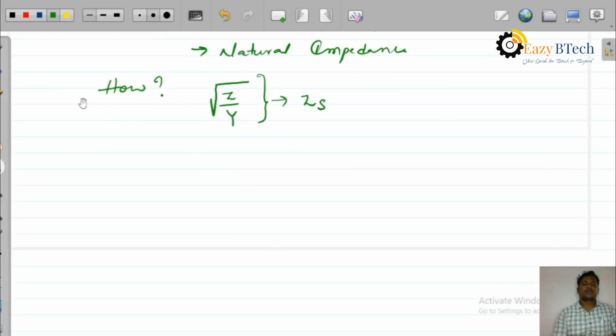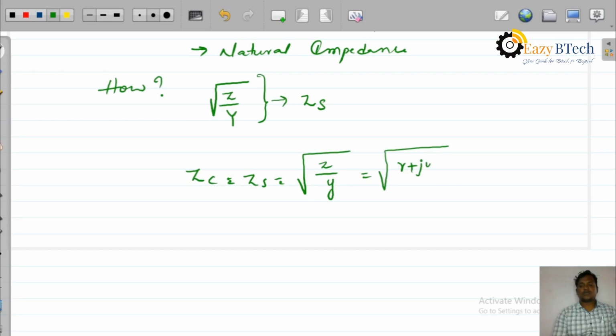It is called ZC or ZS equals root Z by Y. What is Z? Z equals R plus J omega L. Y is G plus J omega C.